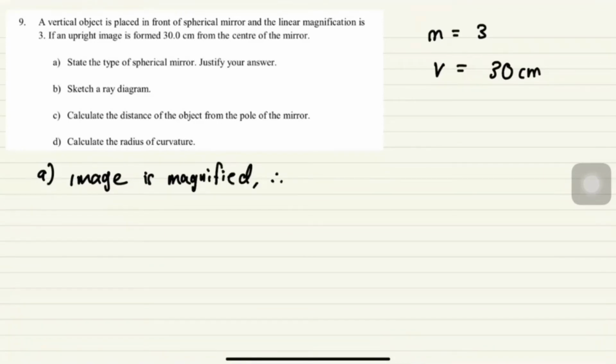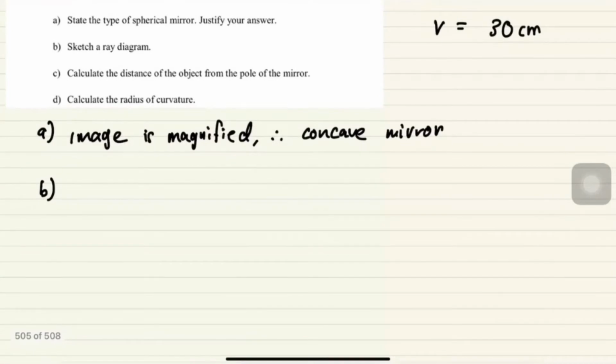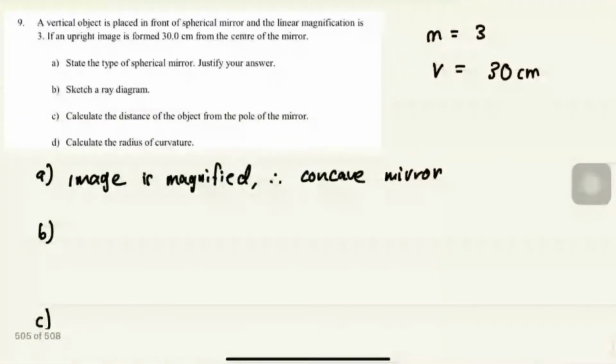Therefore, concave mirror. Kalau convex, sentiasa diminish. Ingat tak? Okay, and then there's a sketch ray diagram, and that one kita boleh, okay, saya banyak ukir, nanti kamu ukir balik. C tu kamu boleh kira.